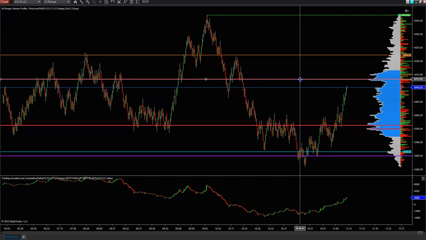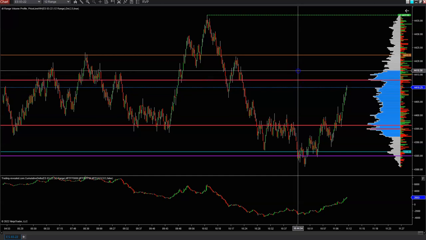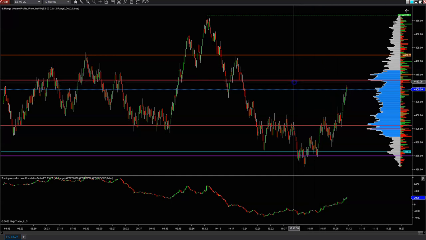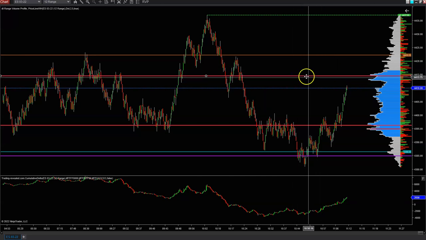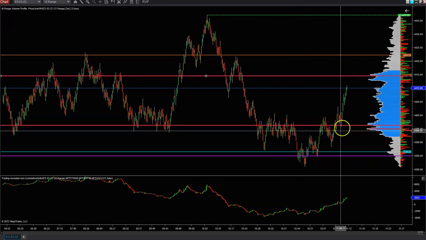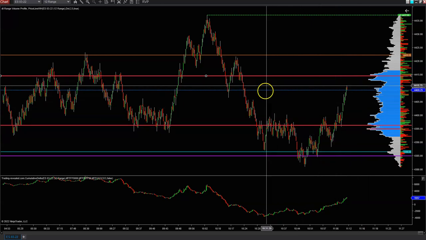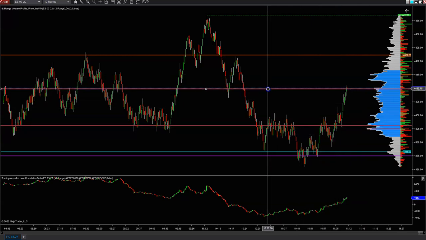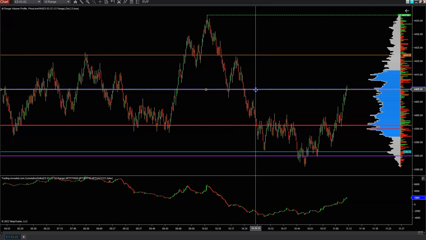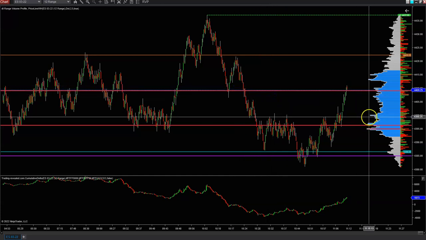Price could pull back to this area sitting in here, right around this high volume area. Oh, hold on a second, didn't see this. Actually, yeah, price could bounce in this area right here. But it could actually pull back. So we'll see what happens in this area.